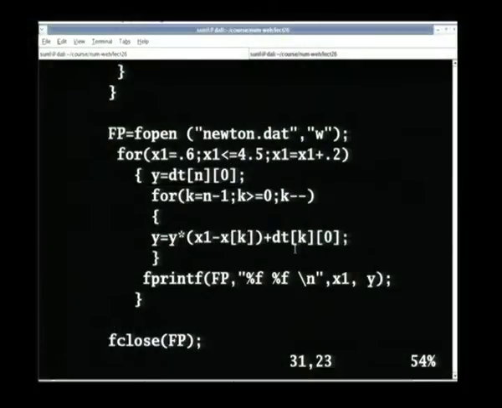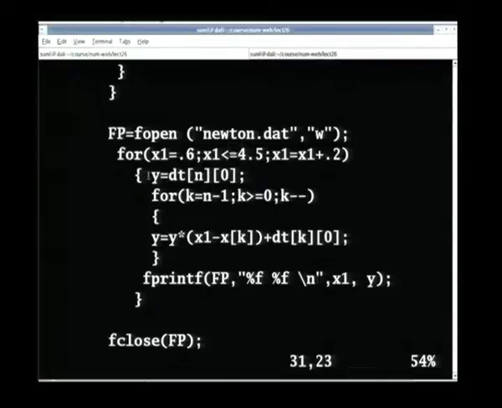Okay, the highest order is k. The highest order I start from, that is for the last term, that is k equal to n minus 1. Okay, that is my highest order. So, I start from there. Okay, actually, highest order is n. Sorry, highest order is n. Okay, I start from there.